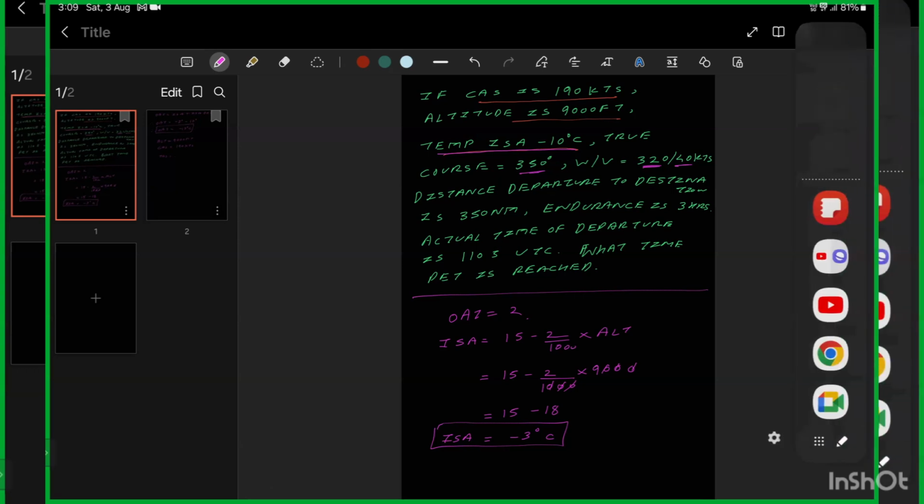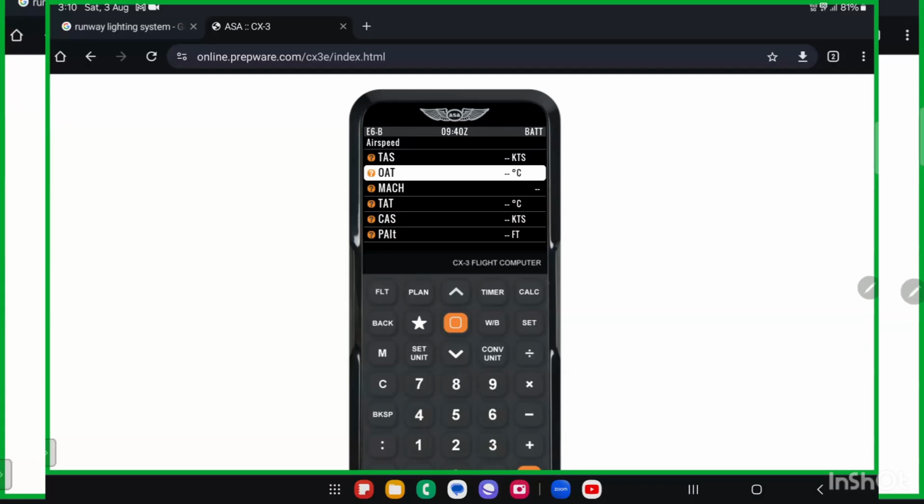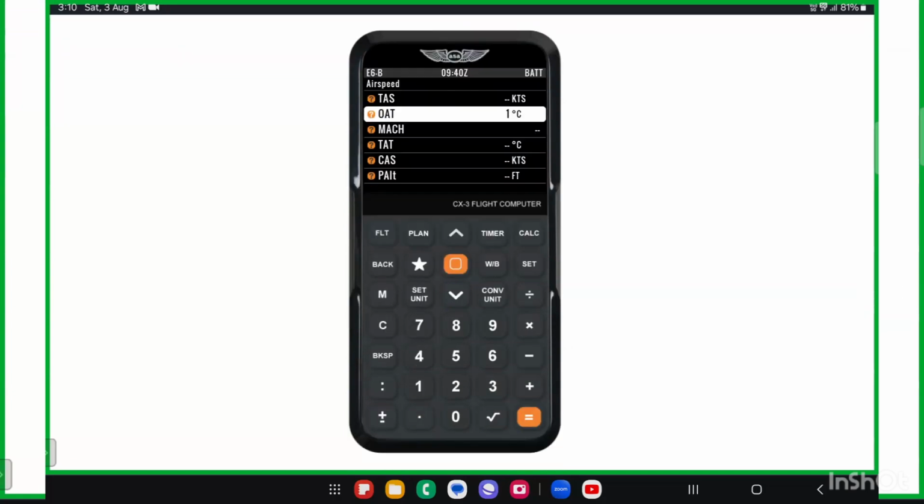Okay, let's go to CX3. Which is the outside air temperature? Minus 13. I have entered minus 13. CAS 190 knots. Okay. Pressure altitude is 9000 feet. How much is the TAS coming to? 212.68 knots.